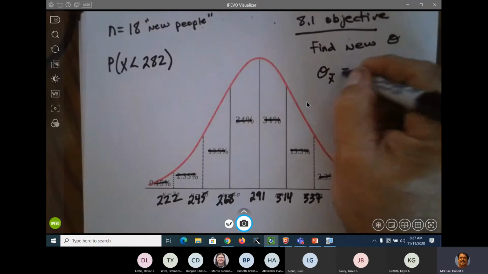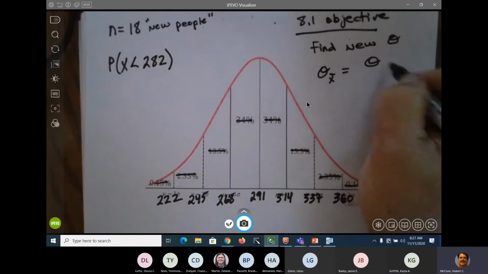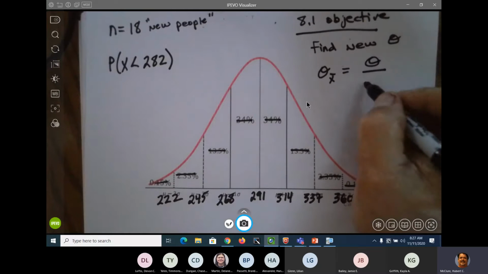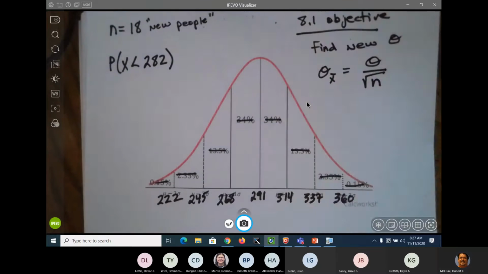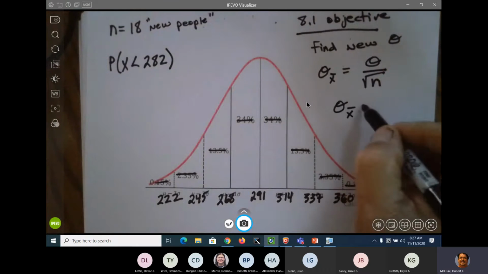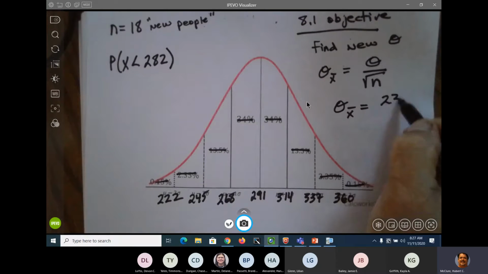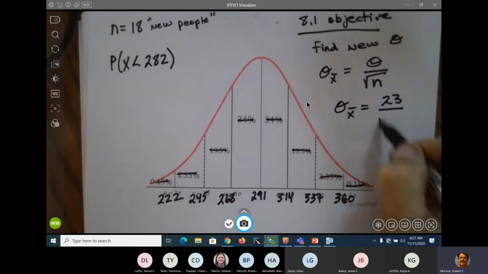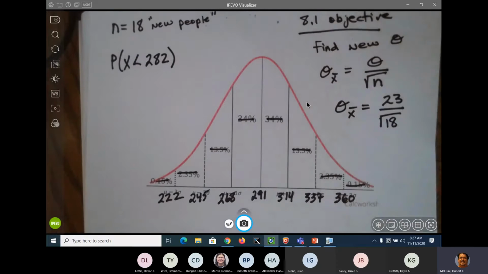And that's equal to your old standard deviation divided by the square root of n. So that's going to be here. The new standard deviation x bar is equal to 23 divided by the square root of 18.